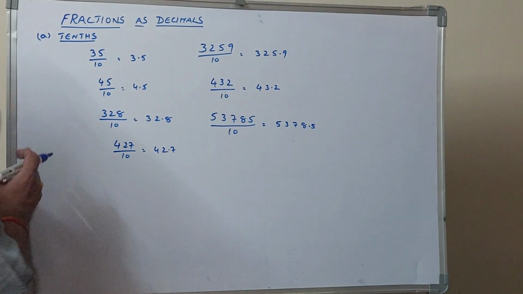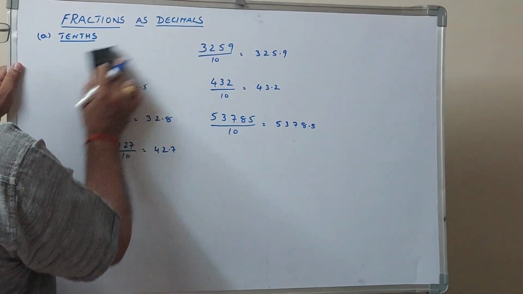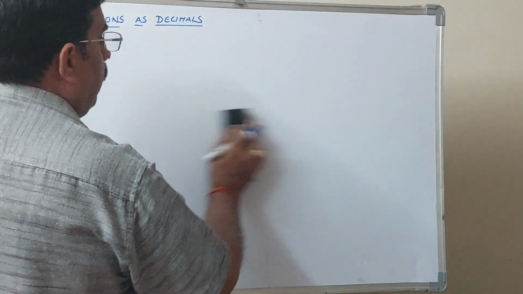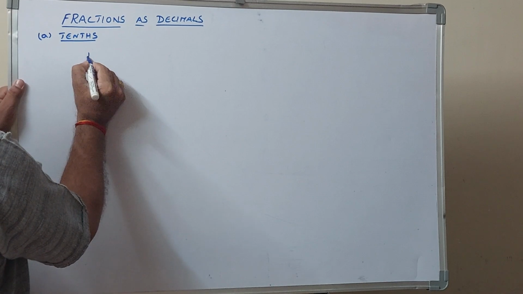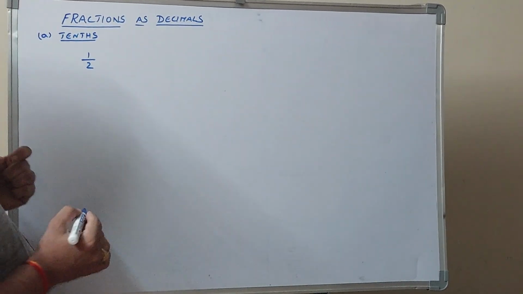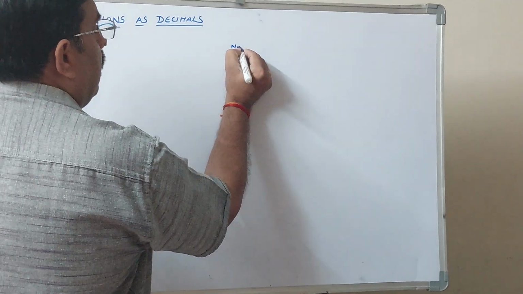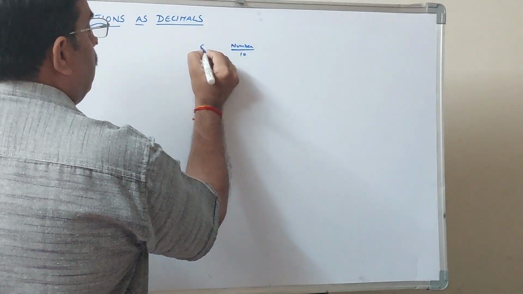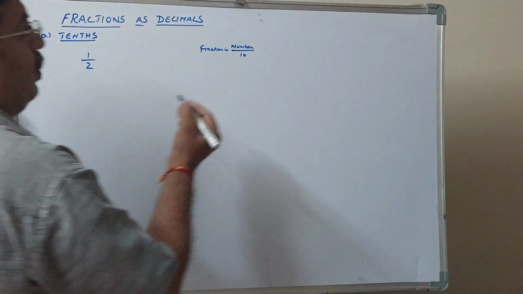Okay, I will give one more example, you see. Pause the video, note down. Here, I will give one more example. If I ask you to write 1 by 2 into decimals, how will you write it? Because you know the fraction is number by 10. So how do you put it into decimals?